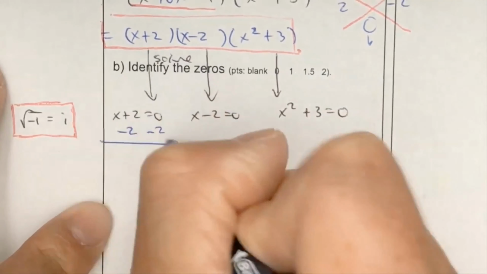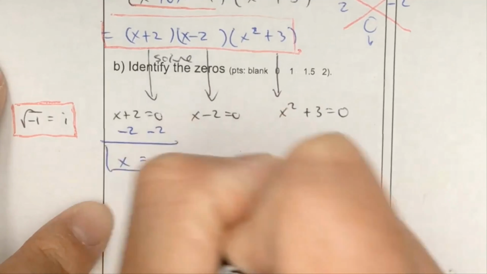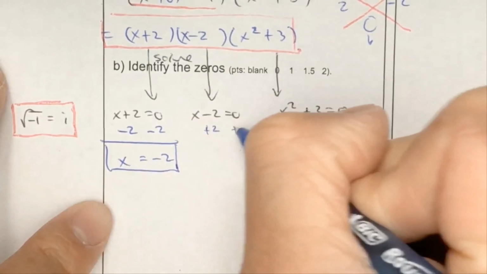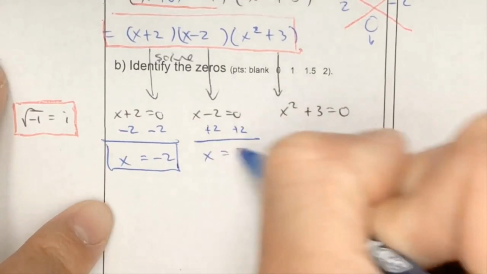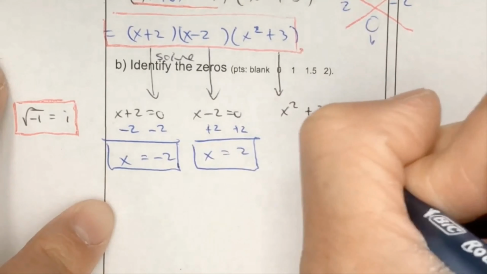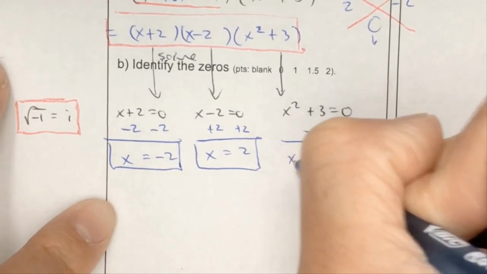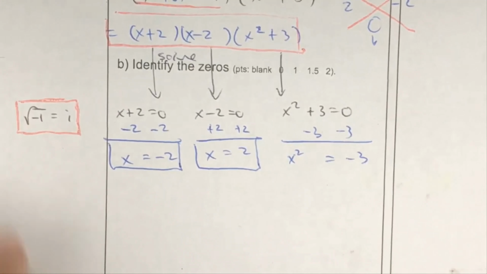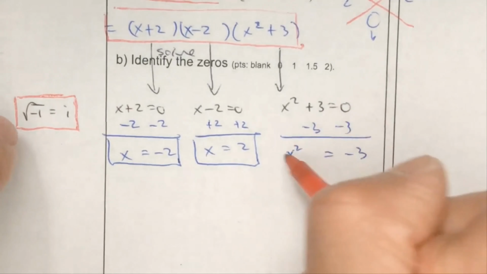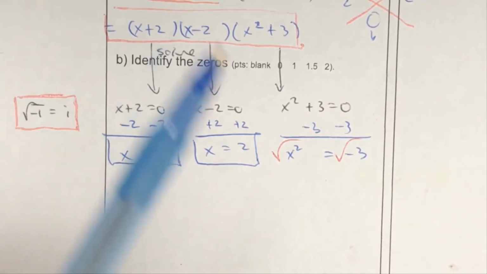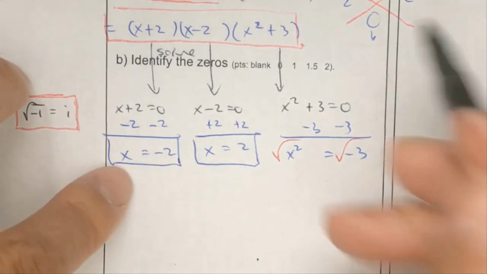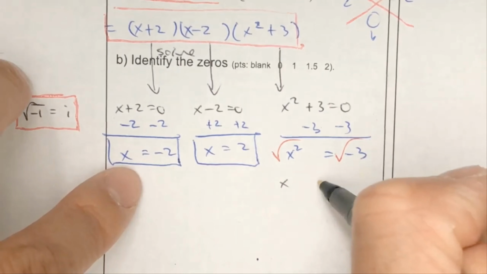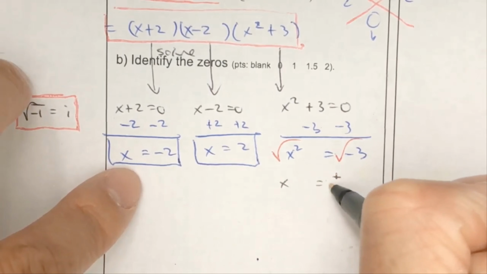Subtract 2, x equals negative 2. Add 2, x equals 2. Subtract 3, x squared equals negative 3. How do you get rid of the power of 2 there? You have to take the square root. We talked about previously, if you take the square root of an equation, it's plus or minus.